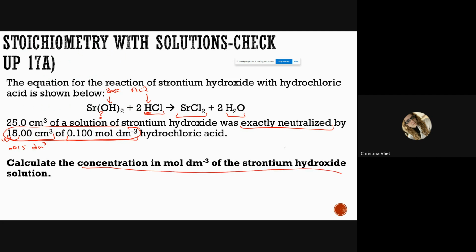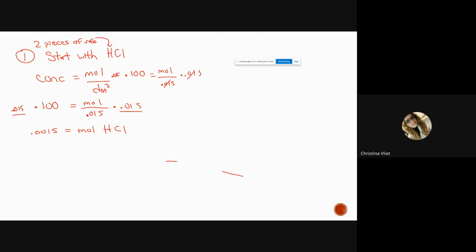Right now, we have the moles of HCl. So what can we do now? My step 2 would be to convert HCl to strontium hydroxide, which is what the question's asking for. So go from moles of HCl to moles of strontium hydroxide.